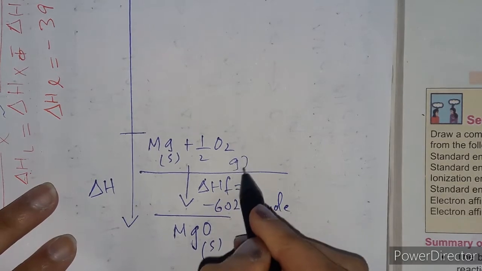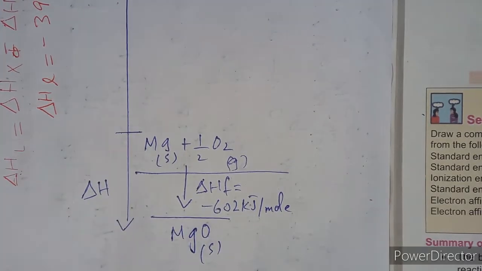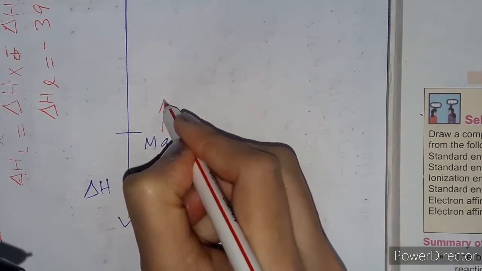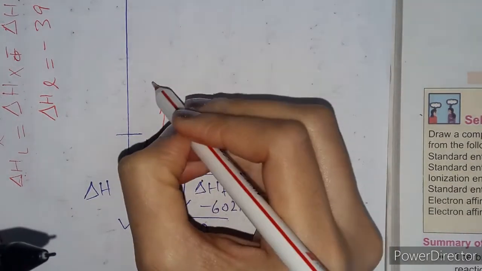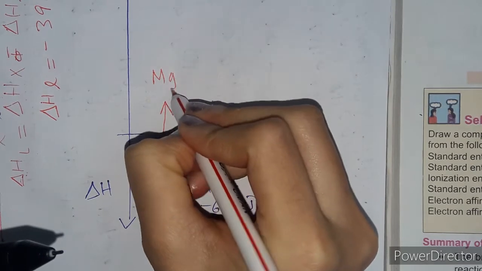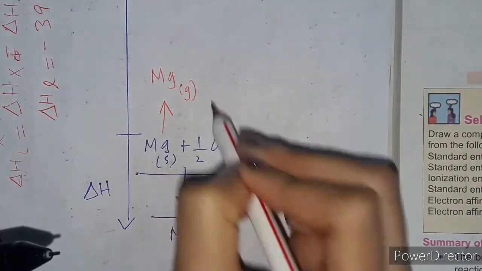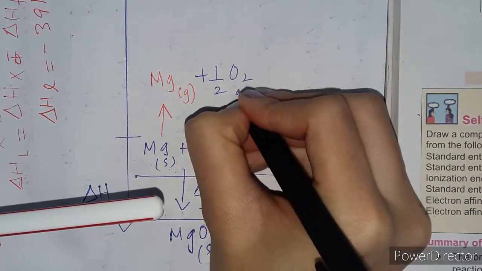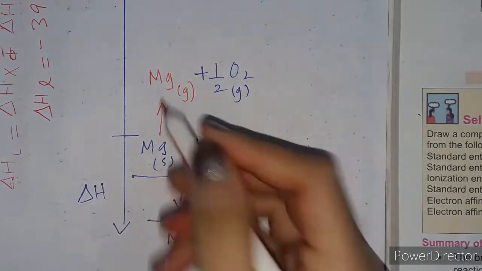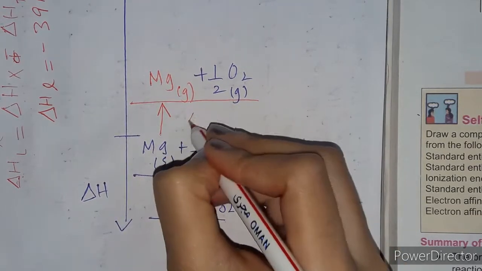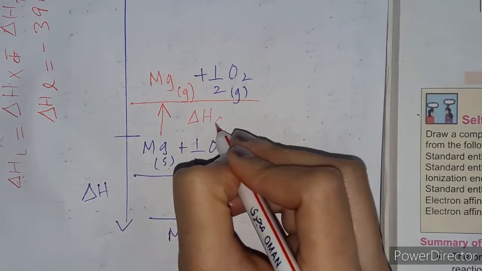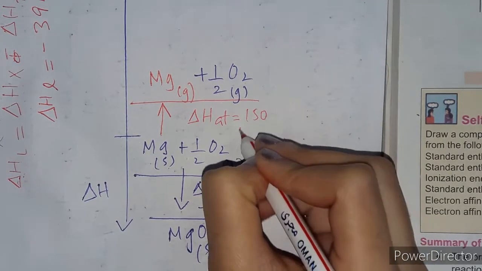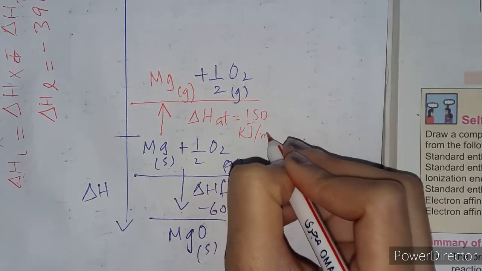Then focusing on magnesium, magnesium solid converts into magnesium gas, and half O2 gas remains the same. Here the enthalpy of atomization is included, which value is 150 kilojoule per mole.